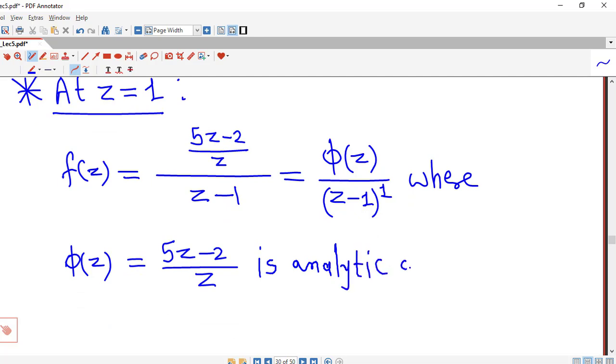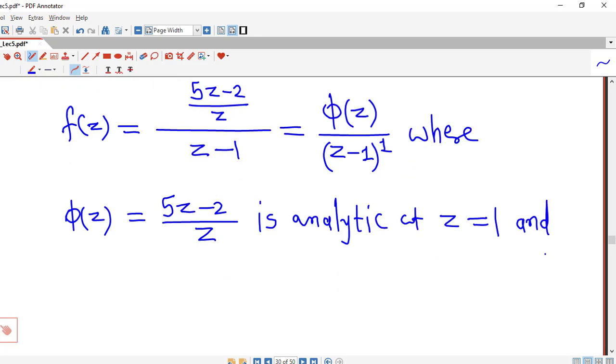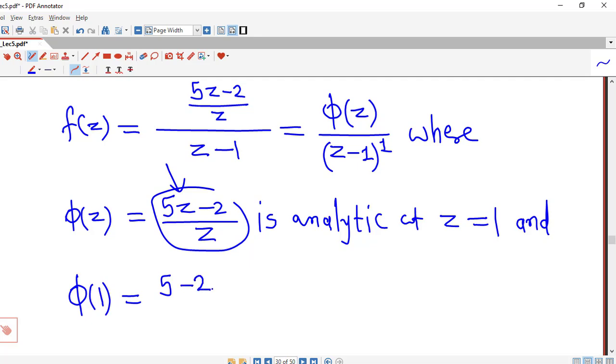This is analytic at z equal to 1, and value of phi at z equal to 1 will be equal to, we put z equal to 1 here, so 5 into 1, that is 5 minus 2 divided by 1, which is 3, and it is non-zero.